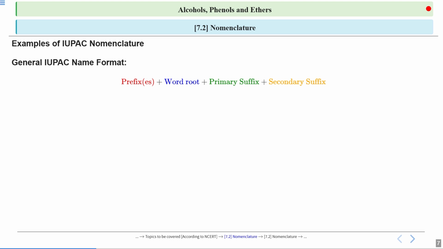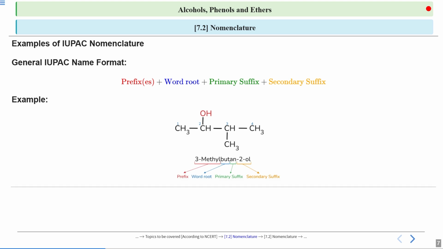Now, what does each part represent here? What is prefix? What is word root? What is primary suffix? And what is secondary suffix? We will understand it by seeing this example.